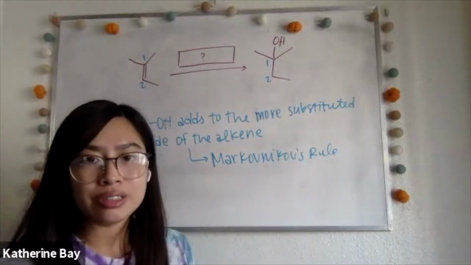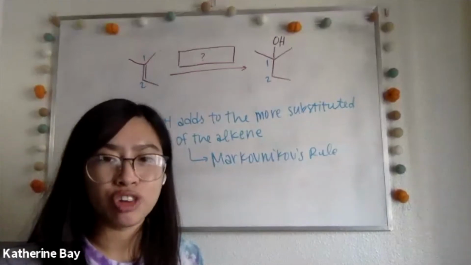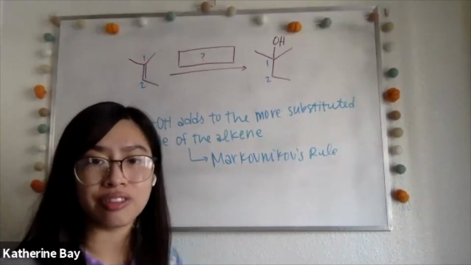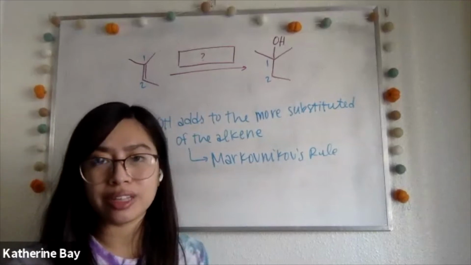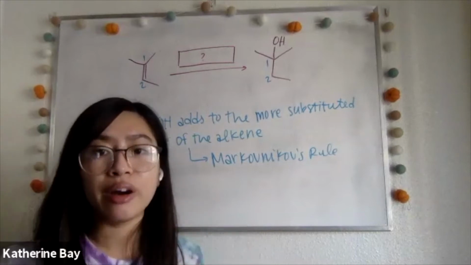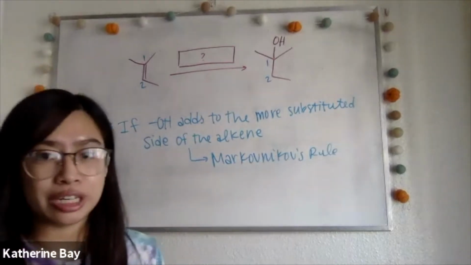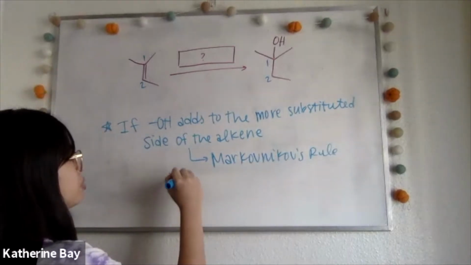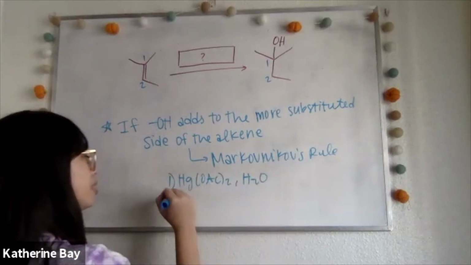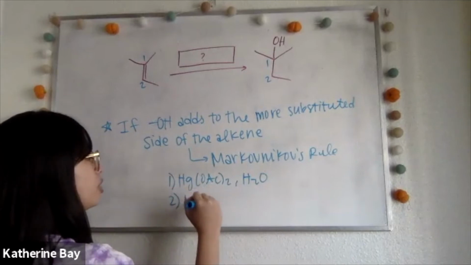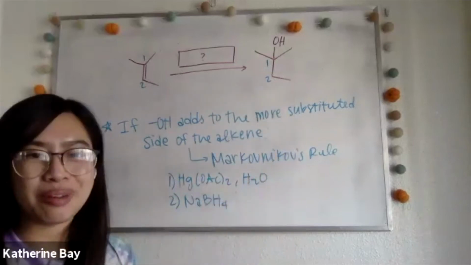And in order for us to choose a reagent that follows Markovnikov's rule without forming any side products from carbocation rearrangements, the only reagent you can use that forms alcohols at the more substituted position without carbocation rearrangement is oxymercuration-demercuration, where the first step we can use HgOAc2 and water. Second step, you can use sodium borohydride, or NaBH4, in order to complete this product.